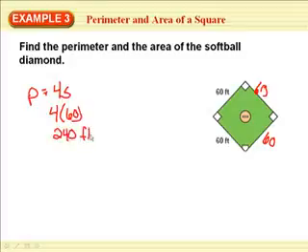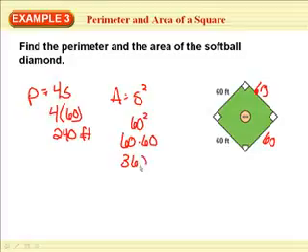So it would be 240 feet for the perimeter. Area is s squared. Well, the side is 60. 60 squared is 60 times 60. 6 times 6 is 36. Add the 2 zeros. It would be 3,600 square feet.